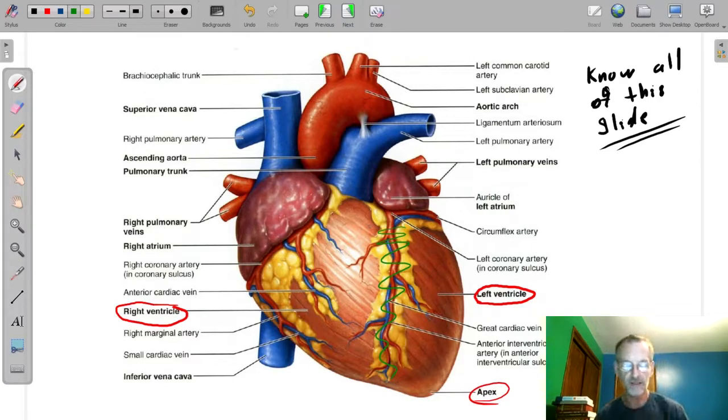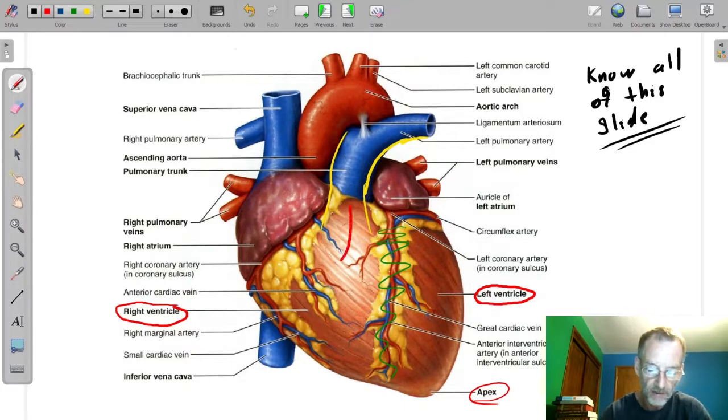You should recognize this is an anterior view, apex at the bottom, and the giveaway perhaps is the pulmonary trunk coming out of the right side. The blood is flowing out from the right ventricle into the pulmonary trunk and then off to the lungs through the pulmonary arteries. So we're looking at an anterior view.